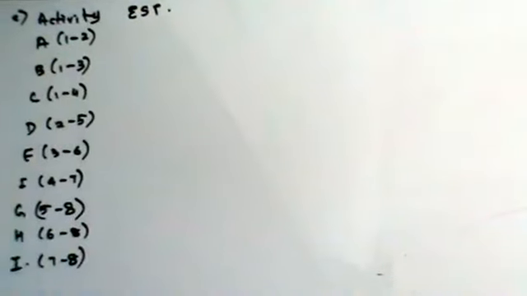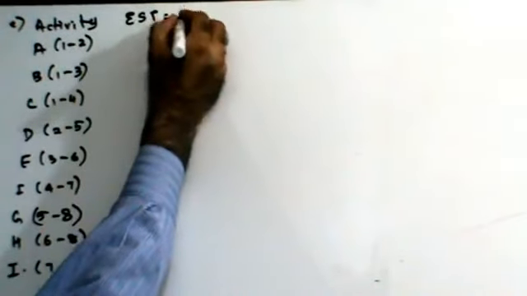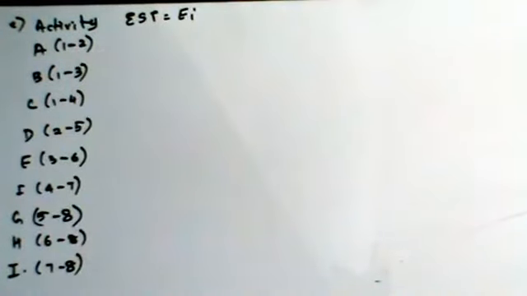How do I find out earliest start time? Earliest start time is given by the formula EI. That means out of the two circles that you will have, the first time will be your earliest start time. So now, let's look at the network diagram and find out our earliest start time.